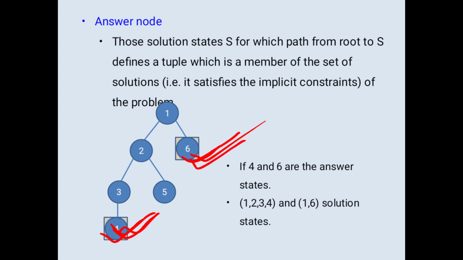Otherwise, listing 1, 2, 3, 4 and 1 and 6, these are the solution states. That means the path from root 1. So 1 is the root, then here 4, 3, 2, 1.